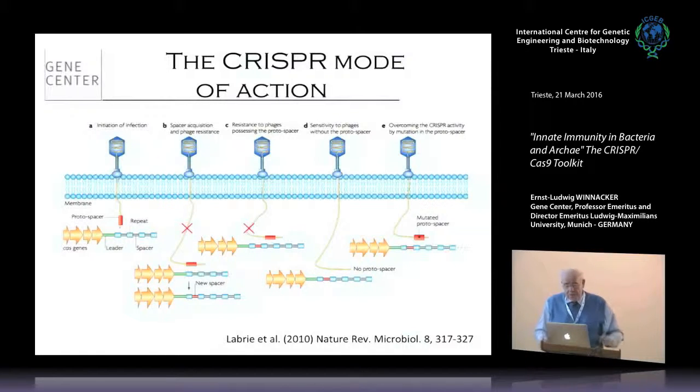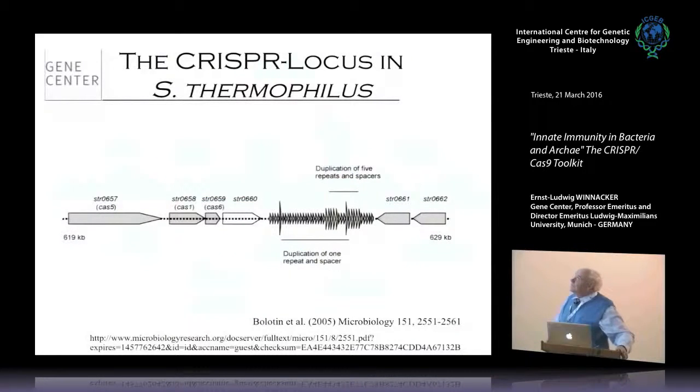Now these CRISPR loci, as they are called, these clusters of repeats, I think I showed the exact abbreviation at the beginning, but I will only talk here about CRISPR. This is the first one which was ever discovered, in Streptococcus thermophilus, an old paper, 2005, but it shows the general principle.